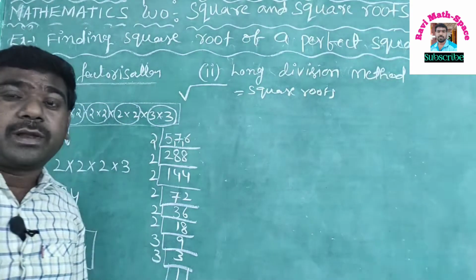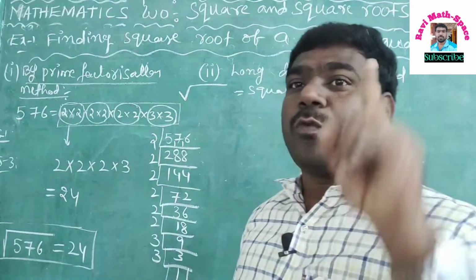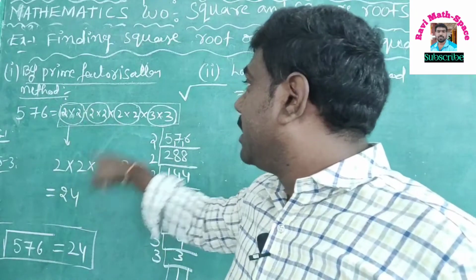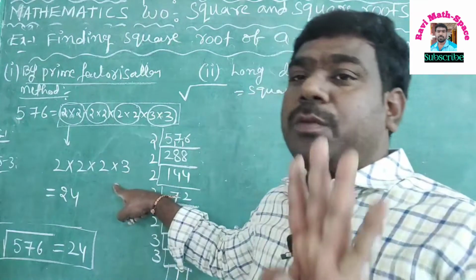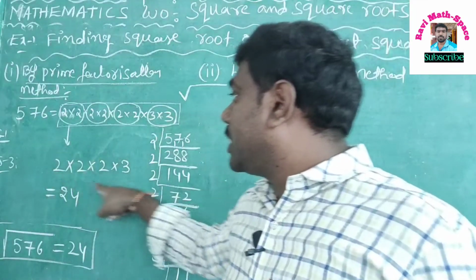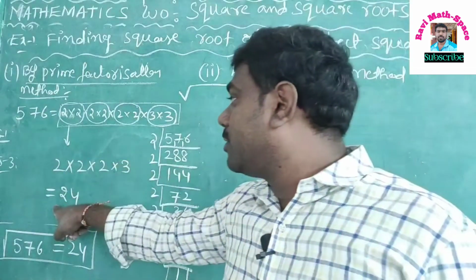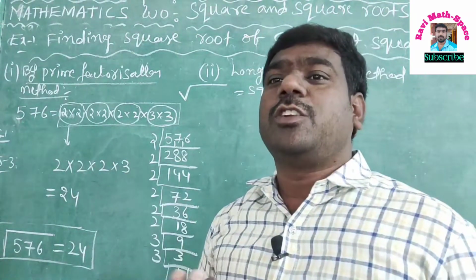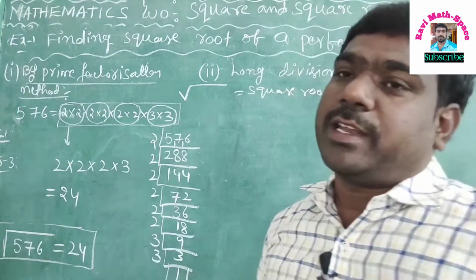After making equal pairs, from each pair we have to pick out one prime factor. So one from each pair; total we have 4 pairs. We got here 4 prime factors. Then fourth step, multiply whatever prime numbers we picked out, and we get the answer 24. Very simple manner we can find out. No need to memorize, just understand the concept properly. Means we can do it very easily.